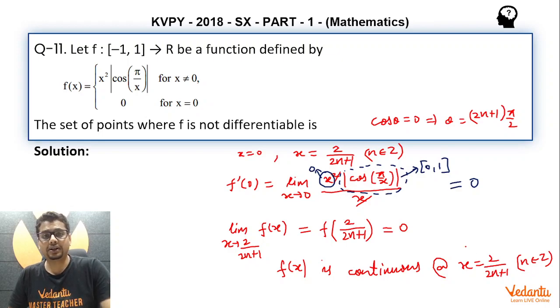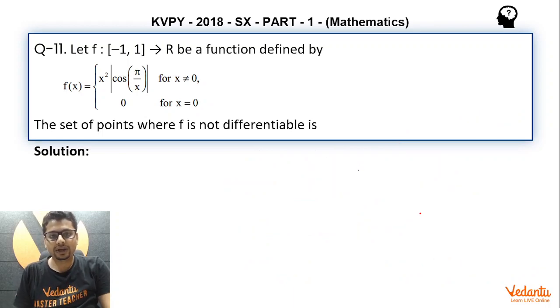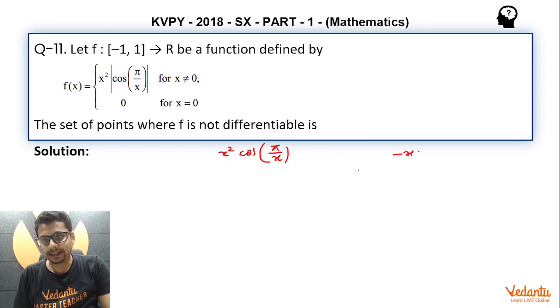We know wherever cos theta becomes 0, in the neighborhood of it, on one side it is positive, on the other side it is negative. So around x equal to 2 by 2n plus 1, on one side this f(x) expression would be x square cos of pi by x, and on the other side it will be minus x square cos of pi by x.